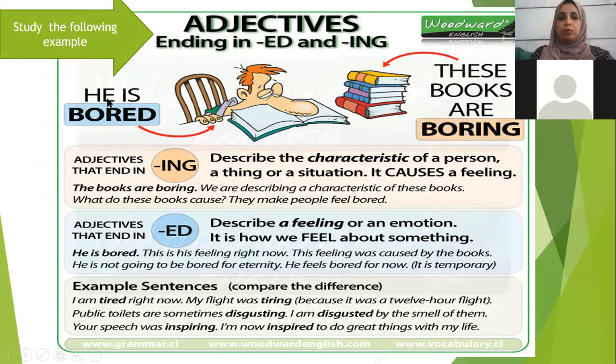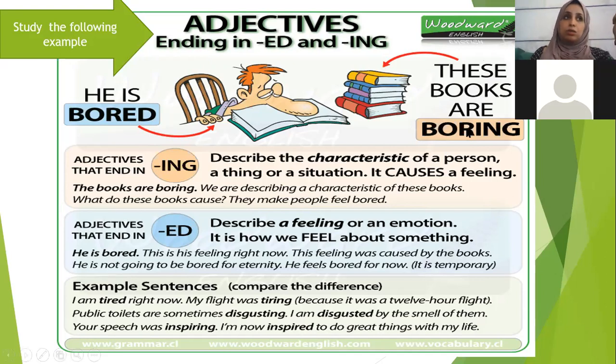So when somebody says he is bored, it's way different from when he says these books are boring, okay? So he is bored, he's describing how he feels, okay? I am bored. These books are boring. He's describing what caused him to feel bored. So that's why we use ing here.